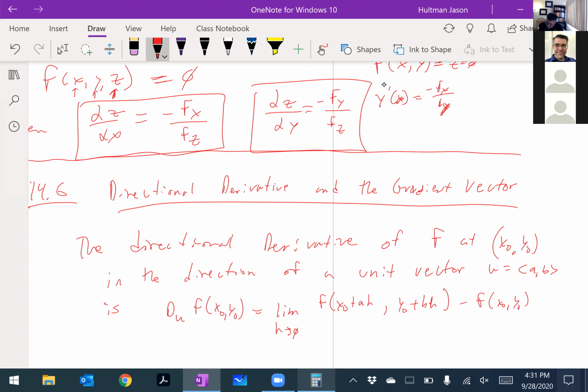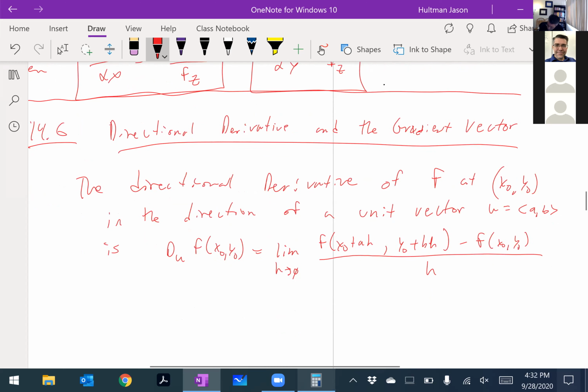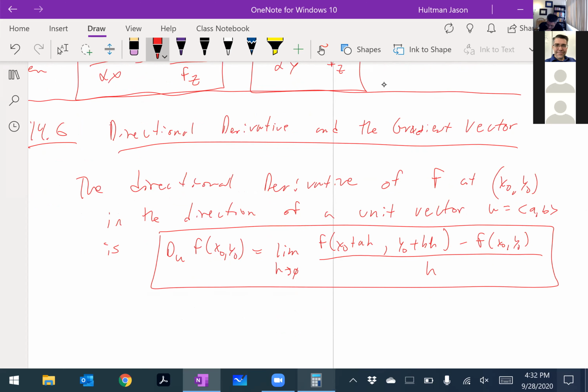So both x is changing and y is changing, all over h. This is a directional derivative in a certain direction.